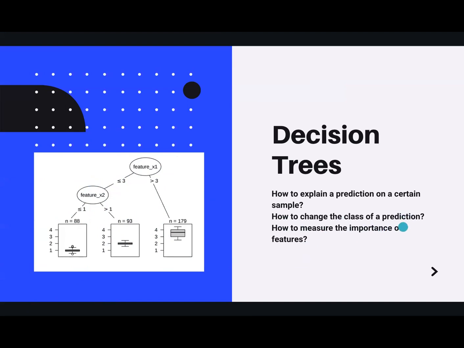How to change the class of a prediction? Or in simpler terms, what is the simplest way that you could change the class of a prediction? May I? Yeah. I think it's to choose probably the feature that makes the first split. I mean, it depends.